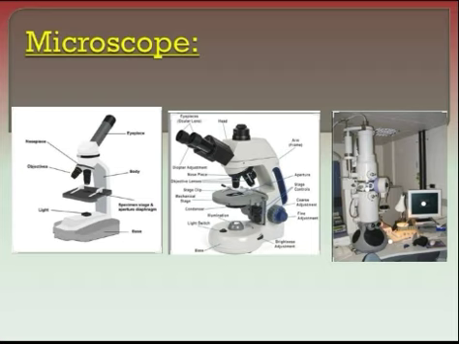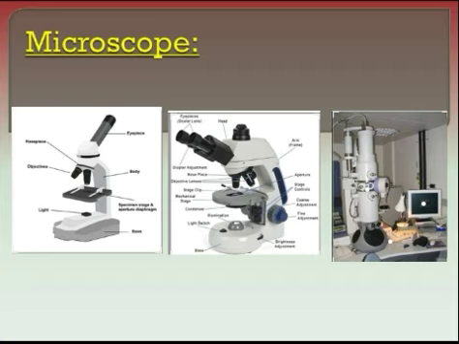The second one is compound microscope. Through this compound microscope we see the nucleus, cell membrane or some other parts. Finally, the electronic microscope, it is a very expensive microscope. Through this electronic microscope we see very minute cell organelles.